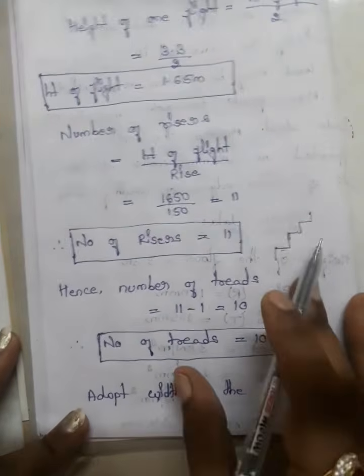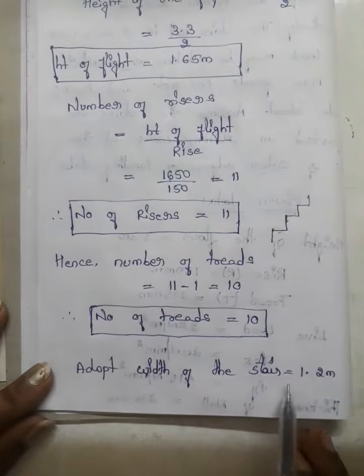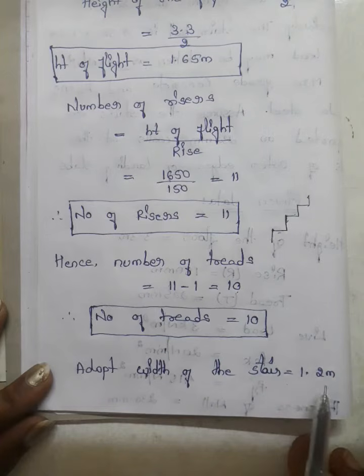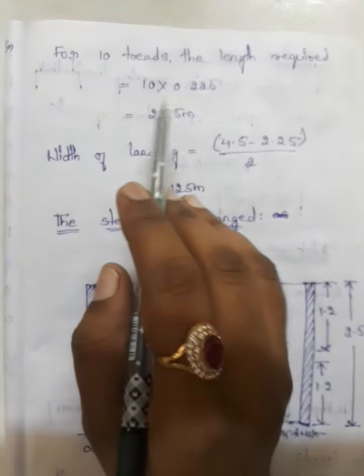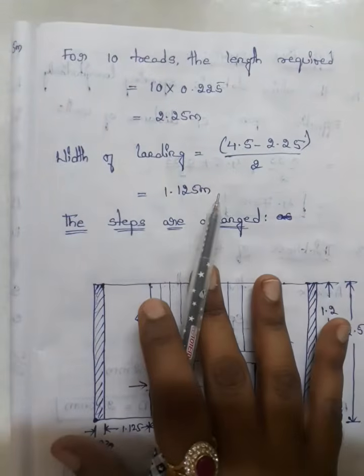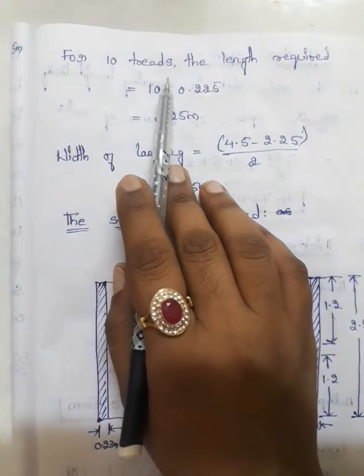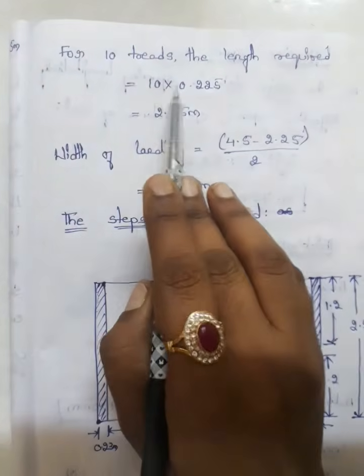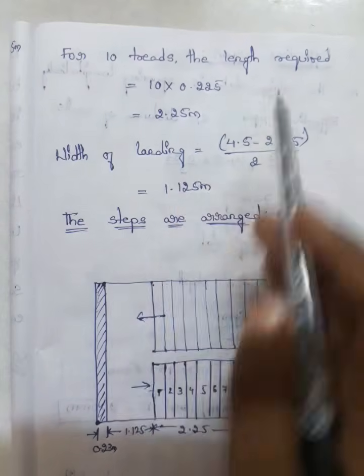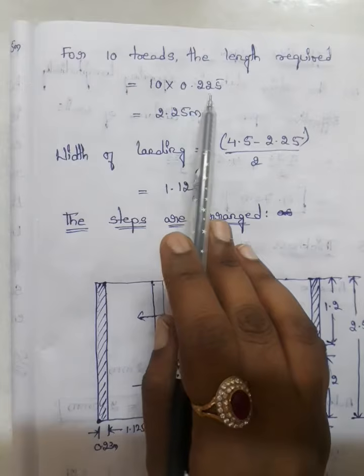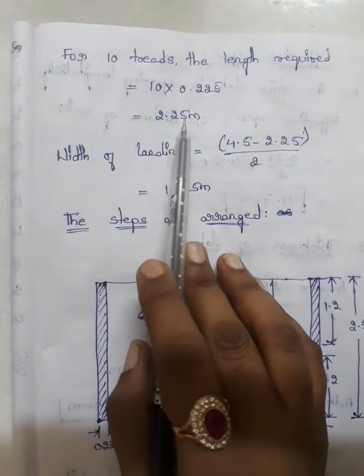So based on the dimensions of the staircase, it is 2.5, right? So assume the width of the stair. Adopt the width of the stair as 1.2 meters. So we want the length required for that particular. For 10 treads, the length required is equal to 10 into tread, that is 0.225. So 10 into 0.225 meters is 2.25 meters.